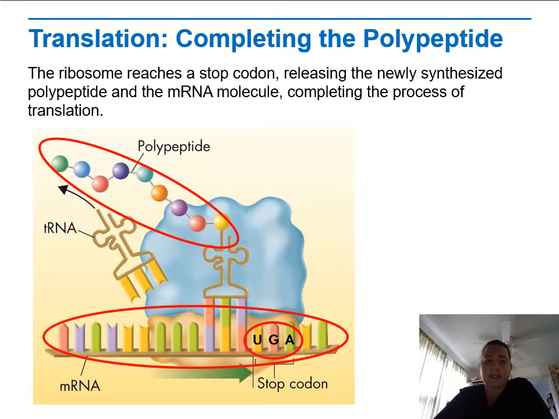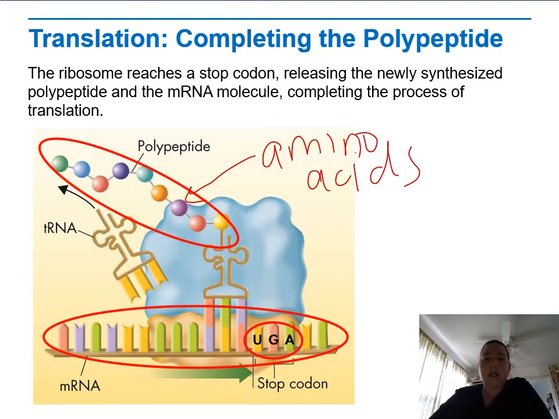You can see it moves along step by step, adding different amino acids to the polypeptide. All these little balls here are amino acids. When it reaches the stop codon, that tells it to stop, you're done. Then it releases all of the parts, they separate, and the polypeptide goes off about its day.